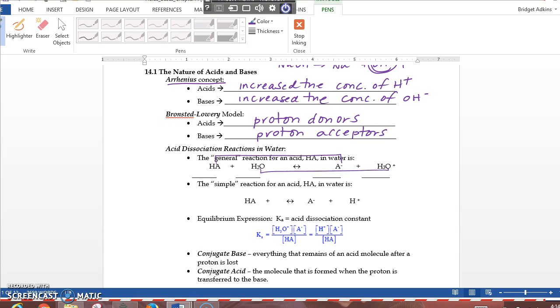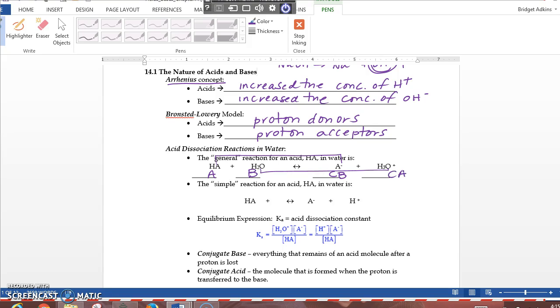So if I pair up HA with A-, what did HA have to do to form A-? Well, it had to give up a proton. So that means HA is our acid, and his partner is called the conjugate base. And we'll talk about why he's opposite in a moment. And then water, to go from H2O to H3O+, had to accept a proton. So that means it's a Bronsted-Lowry base, and its partner is a conjugate acid.